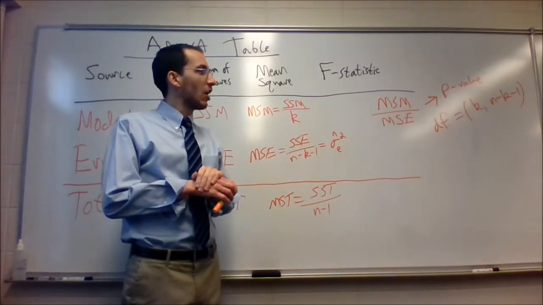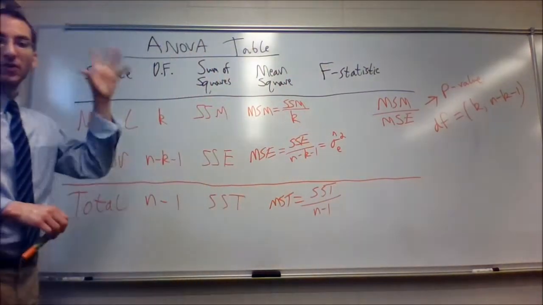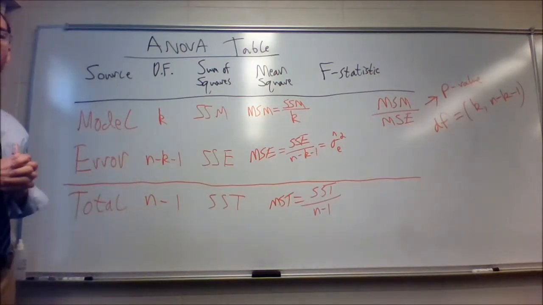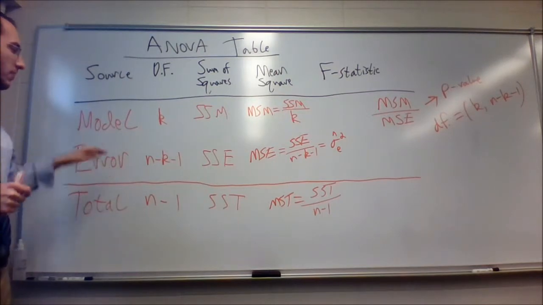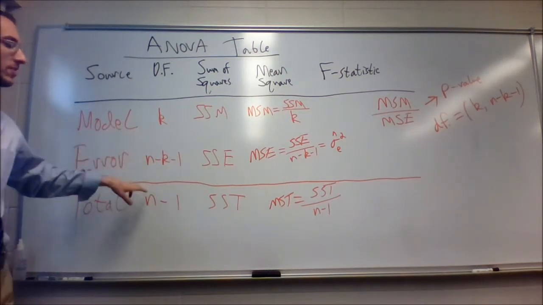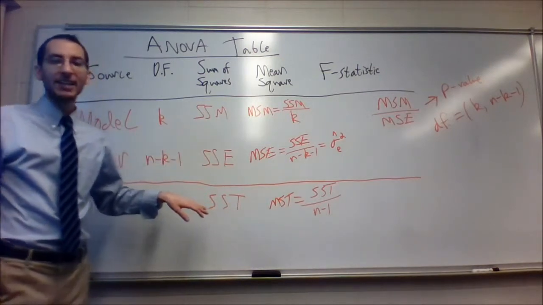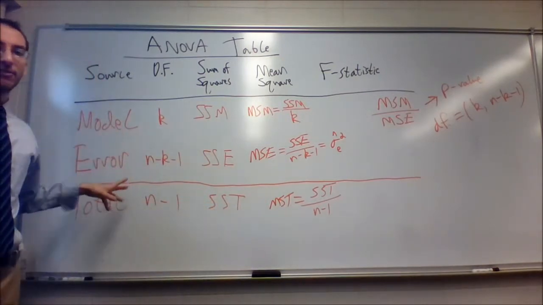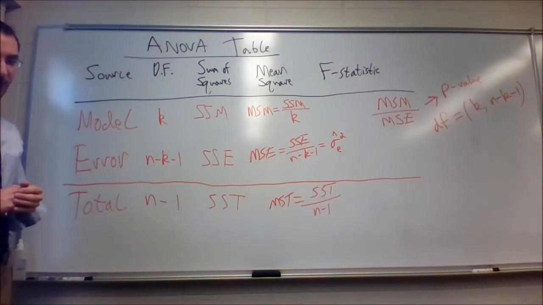So I think that covers it for just showing an overview now of multiple regression and how it extends from simple linear regression. And you've seen this ANOVA table a few times, and now hopefully you see where each of these parts come from. It's just organizing the information that we've seen before. That's all there is to it.